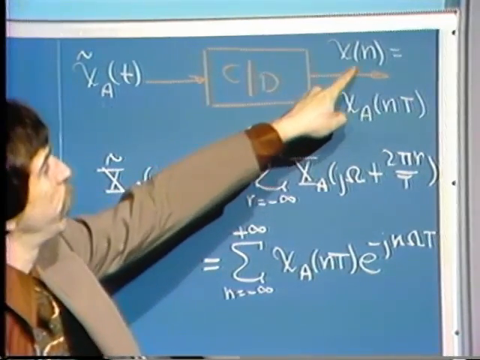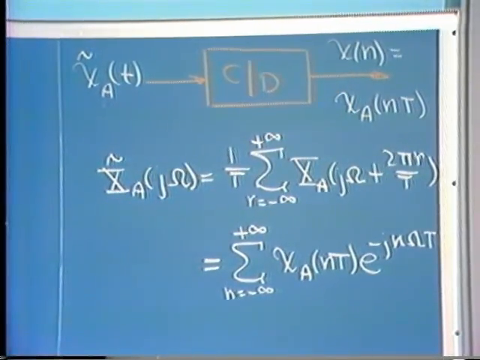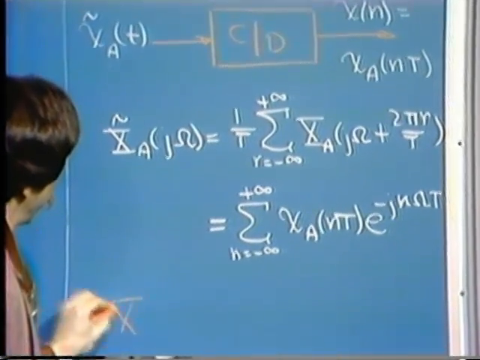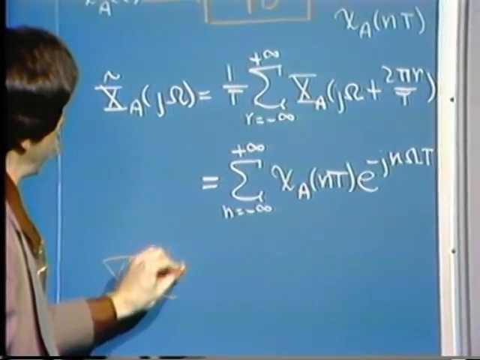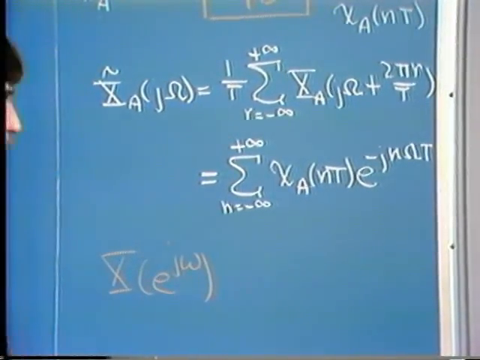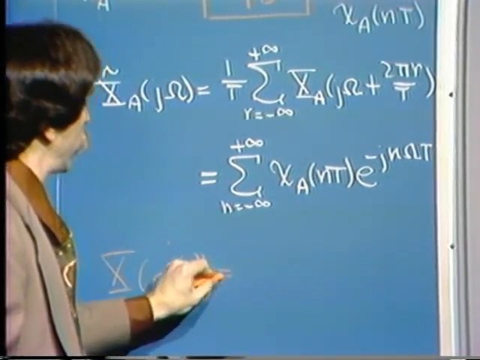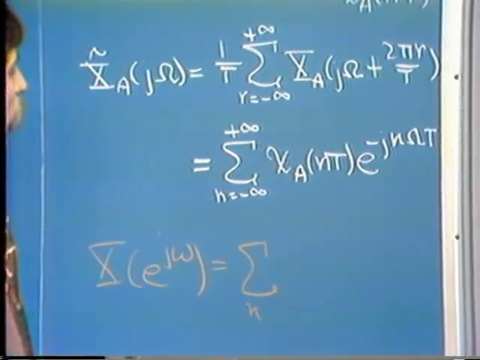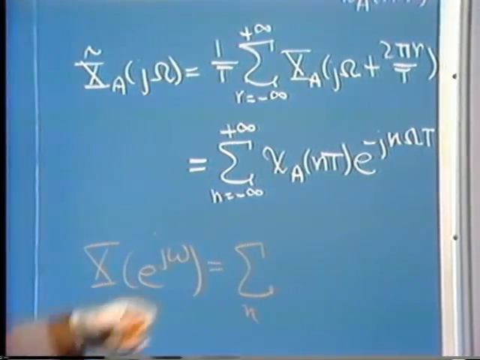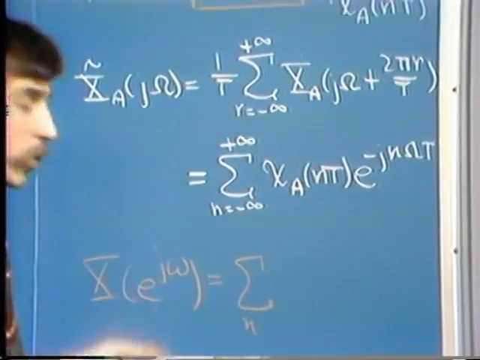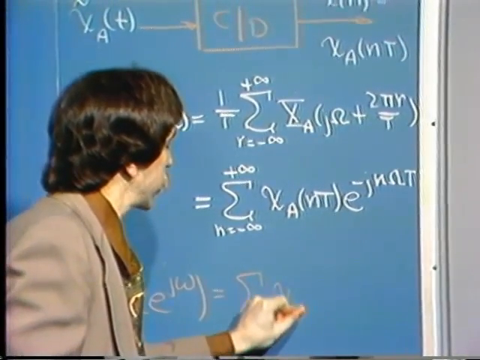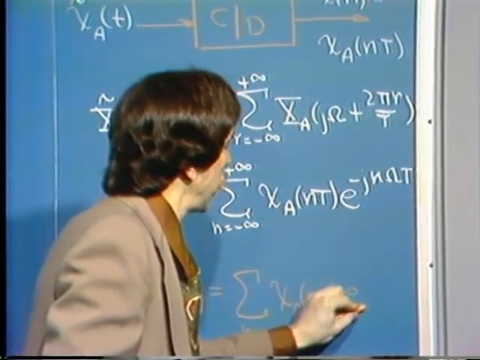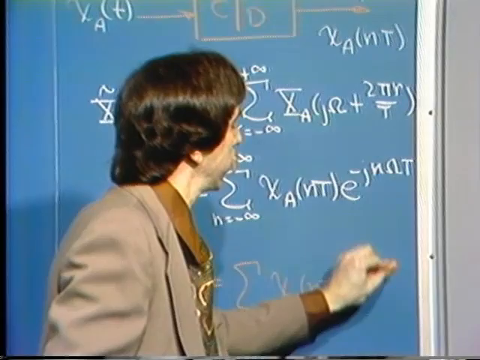Well, what's the Fourier transform of the output of the continuous to discrete time converter? It's just simply x of e to the j omega, our discrete time Fourier transform, which is equal to the sum on n of x of n, but x of n is x sub a of n capital T. So we have x sub a of n capital T times e to the minus j omega n.